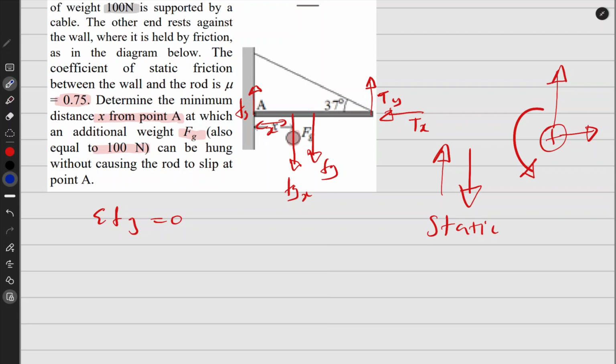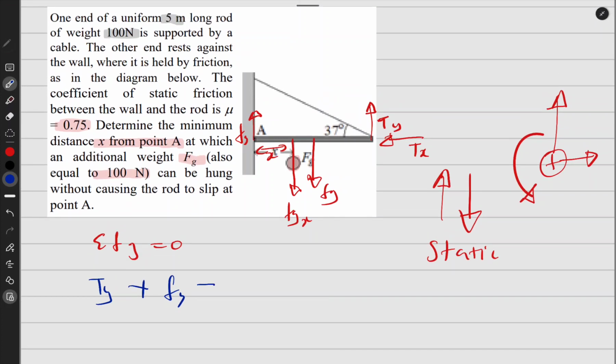The next thing is the sum of forces along y. We'll have Ty, which will be positive, and Fs, which will also be positive, and Fg, the weight of the rod, which is 100. Let me plug it in to save time. I also have another 100 load that they want to add.